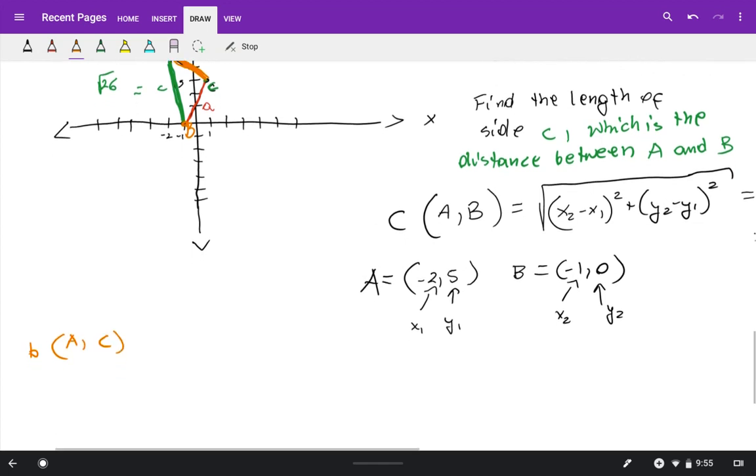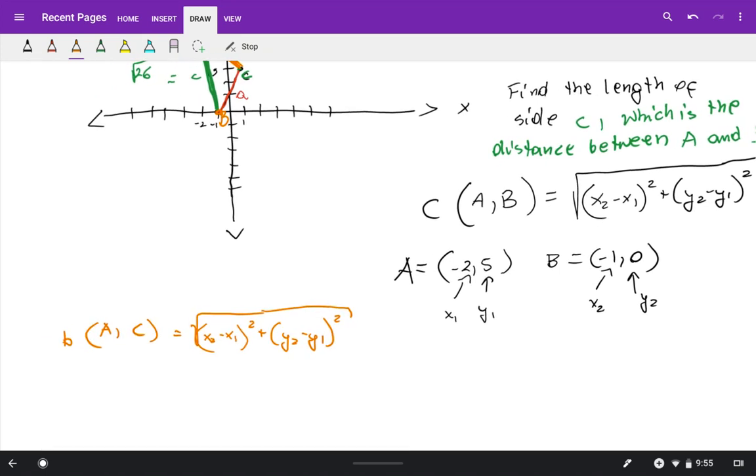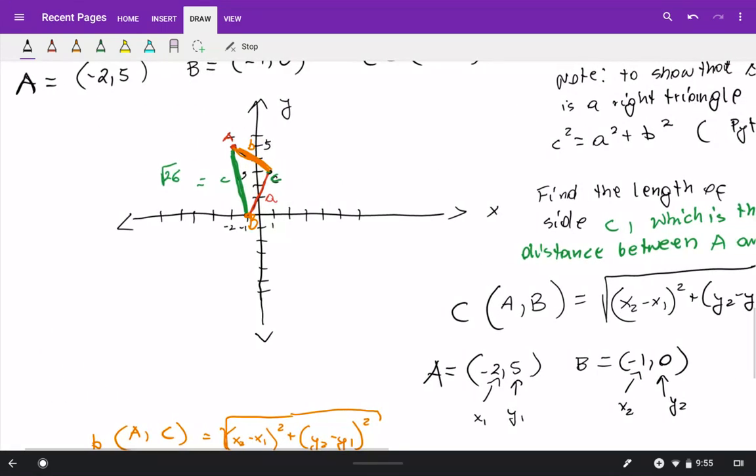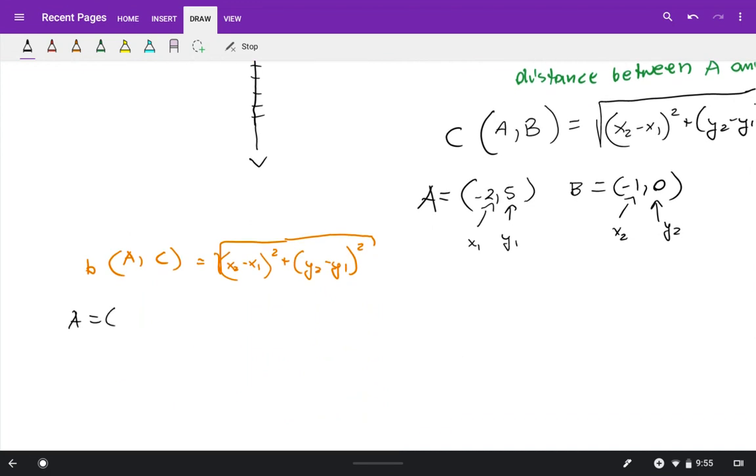I'm going to use the distance formula, the same thing: (x2 minus x1) squared plus (y2 minus y1) squared. A has coordinates -2, 5.